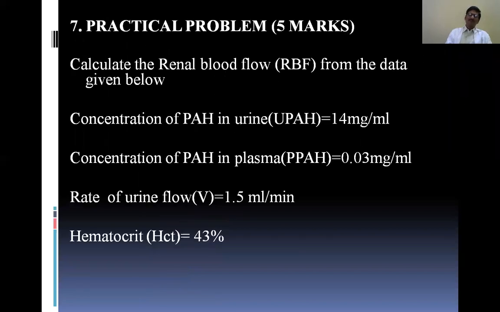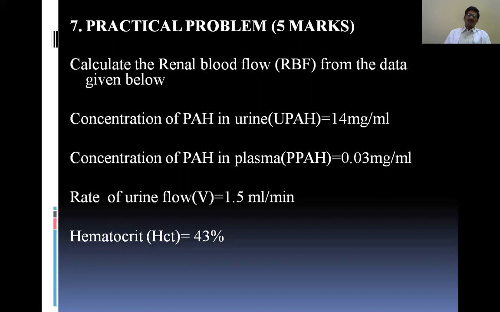Now, as I said, in addition to diodrast, we can also use para-aminohippuric acid as a marker to calculate the renal plasma flow. Again, only the marker is changed, but the values are the same.